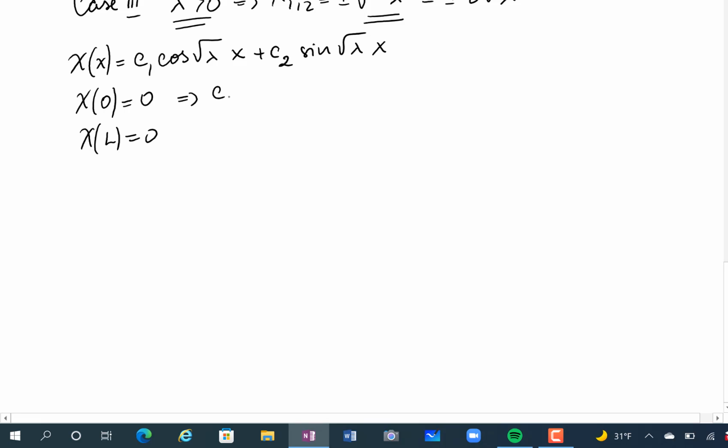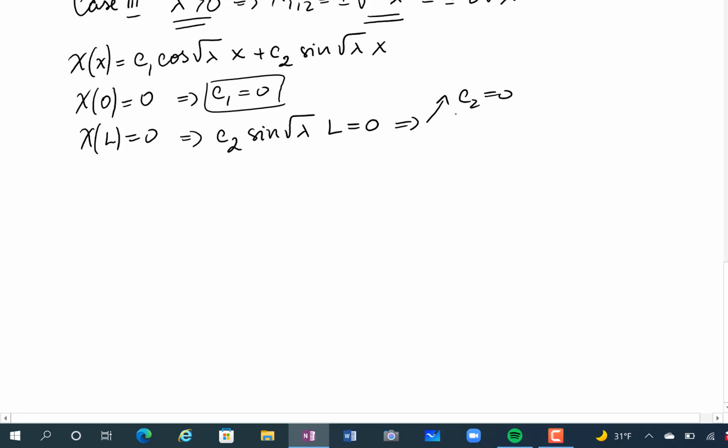So this is going to give us C1 equals 0. And the second one would be, well, C1 is also 0, so it's C2 sine of square root of lambda L equals 0. Well, we have two possibilities. C2 equals 0, which is going to give us again the trivial solution, or sine of square root of lambda L equals 0.